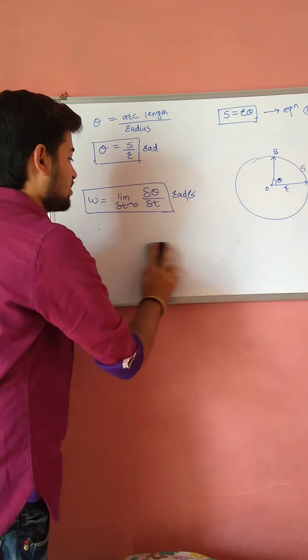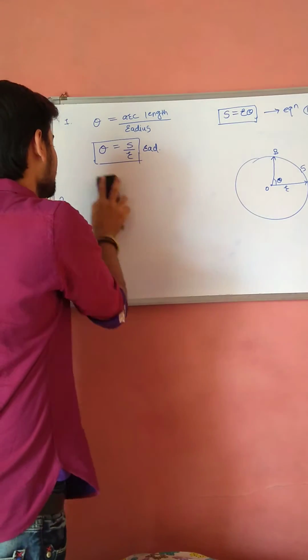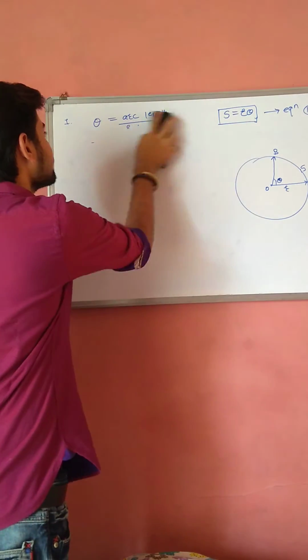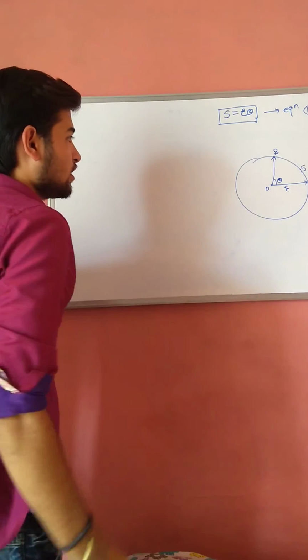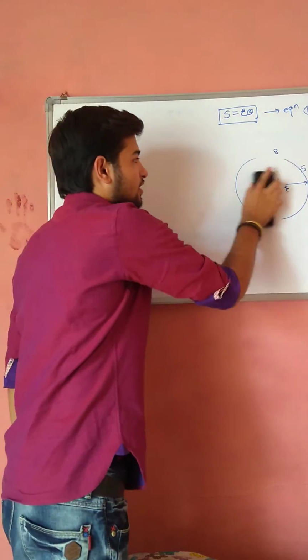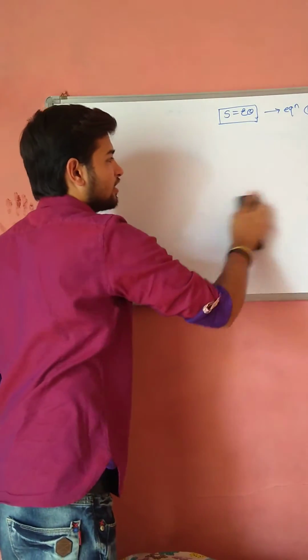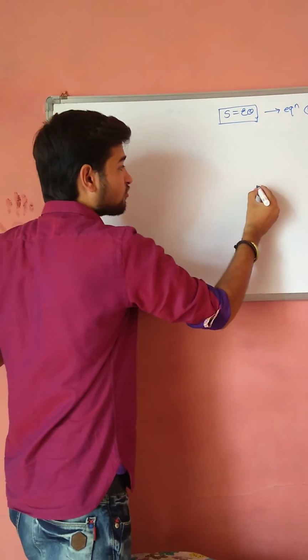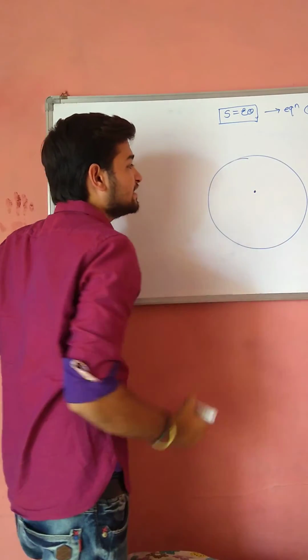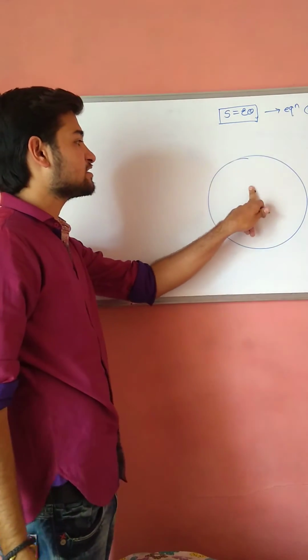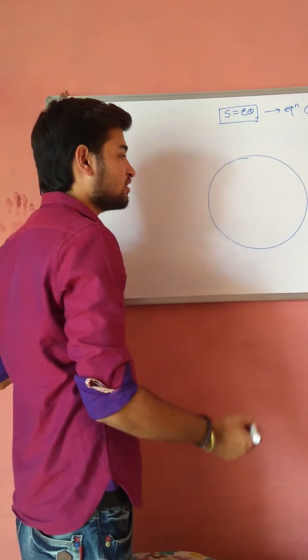For this, consider a particle which is performing circular motion, and this circle is the path of the particle.